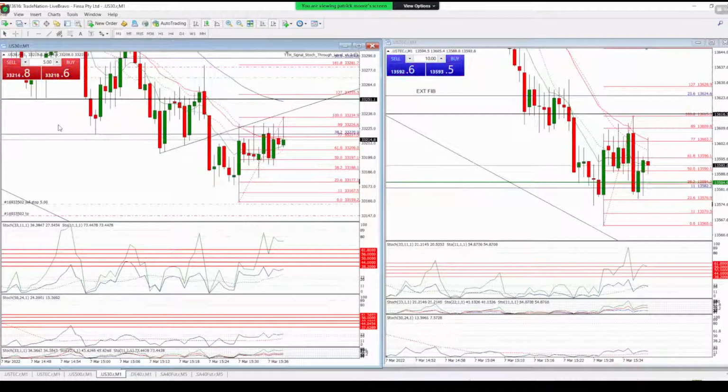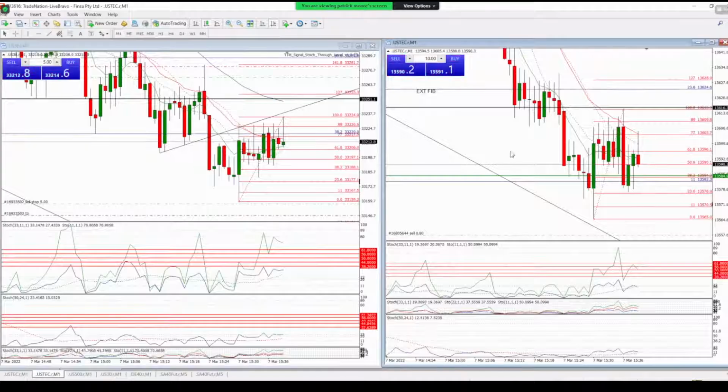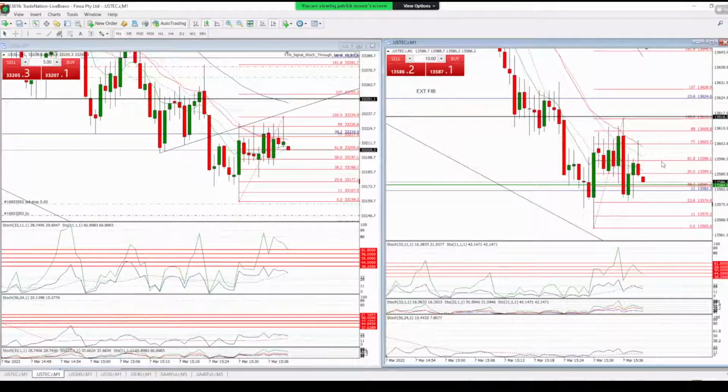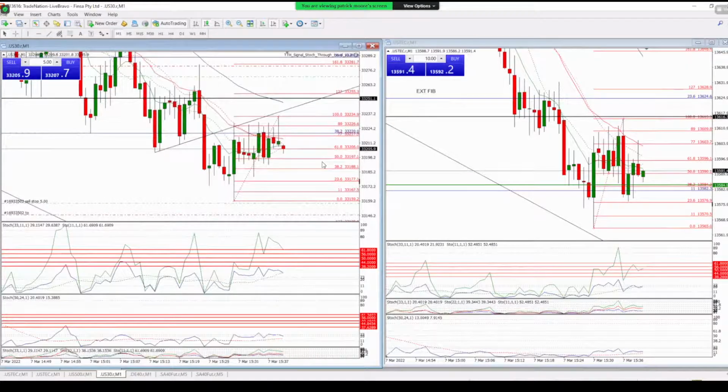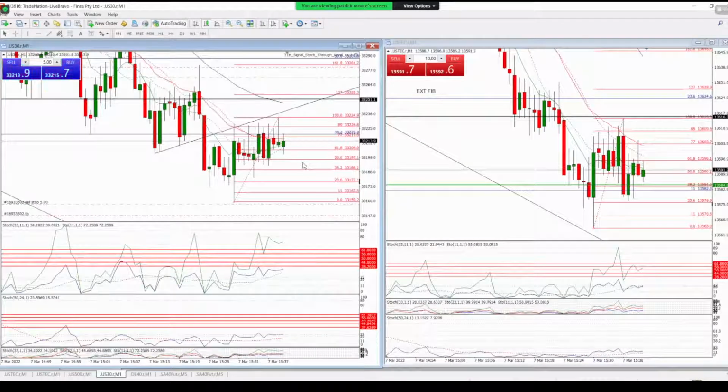Extension for the range is still not good enough on either. Trend on 5 minutes in both markets is still down, so the trend chasers at the bottom here qualify.